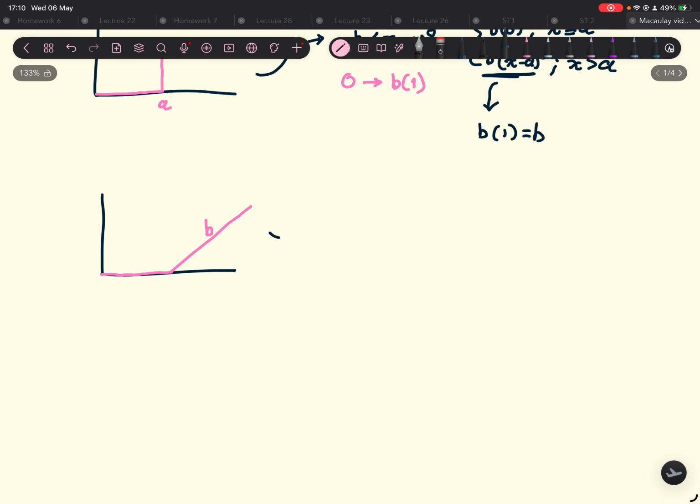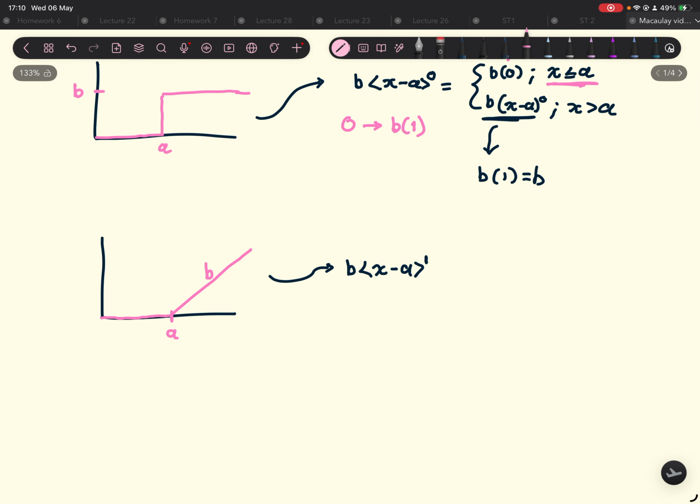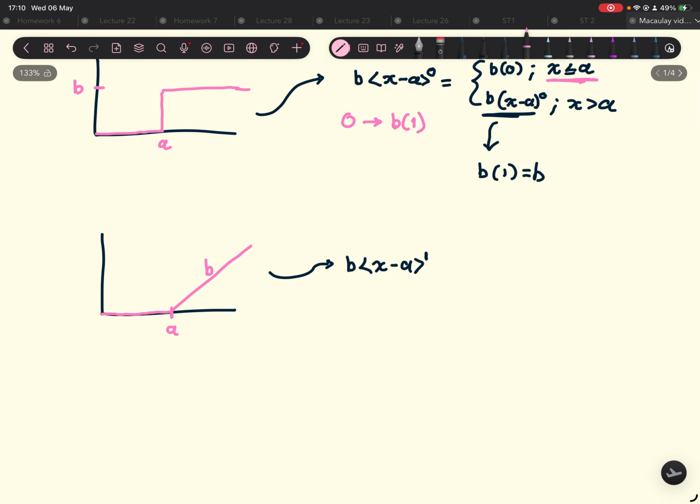Then this would be expressed as b times x minus a. So a is where the function switches on, and then this is going to be to the power 1. The reason why it's to the power 1 is because you have b, which is your gradient, and that changes as x changes.